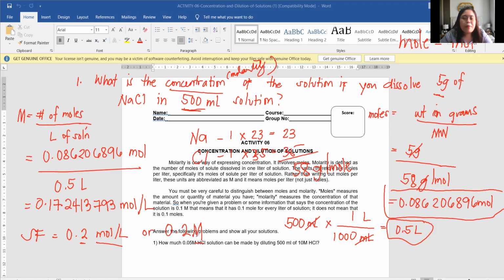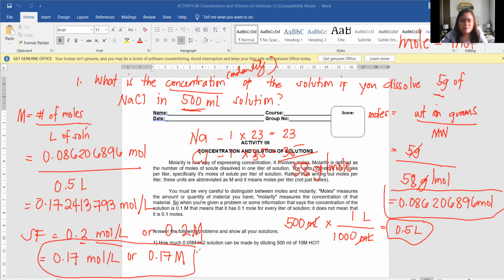Now, for example, my instruction is you have to round off the final answer to 2 decimal places, then the correct answer must be 0.17 moles per liter or 0.17 capital letter M. So you really have to follow the instruction.